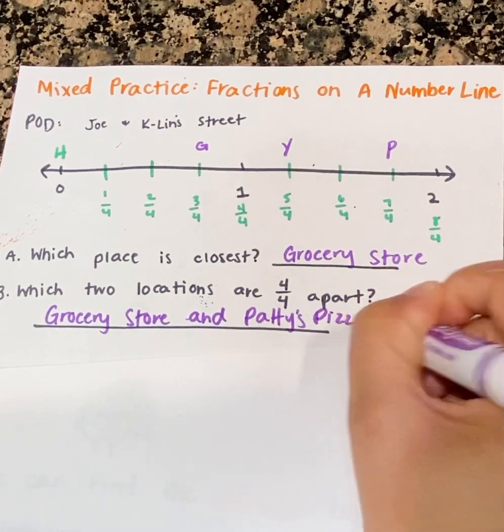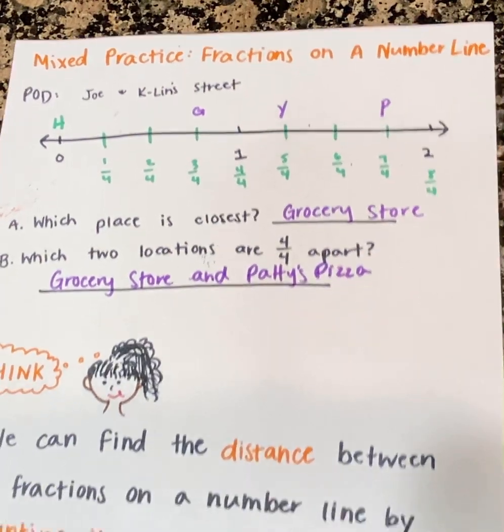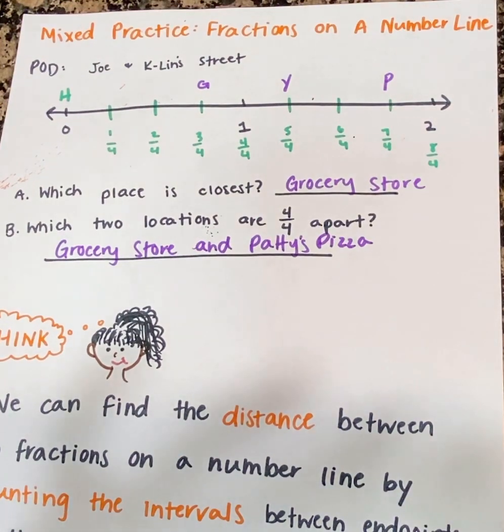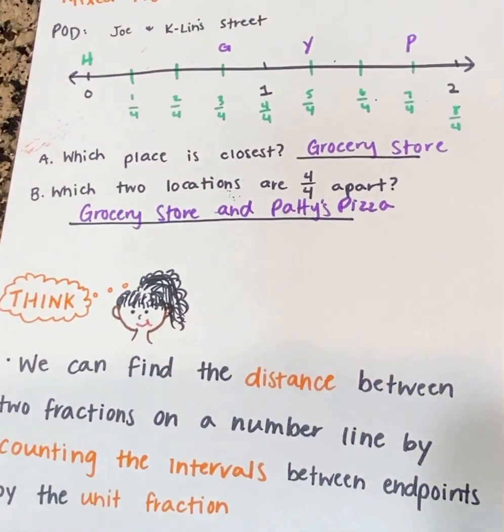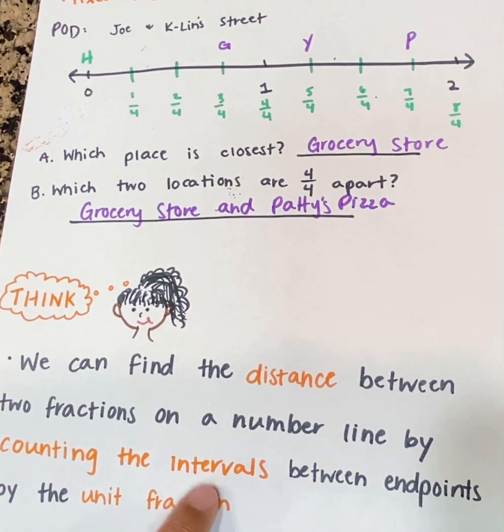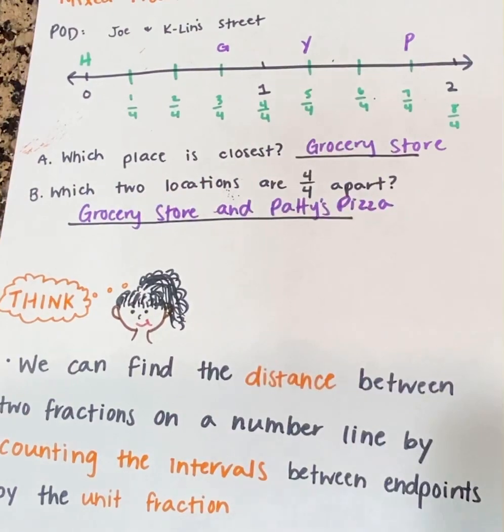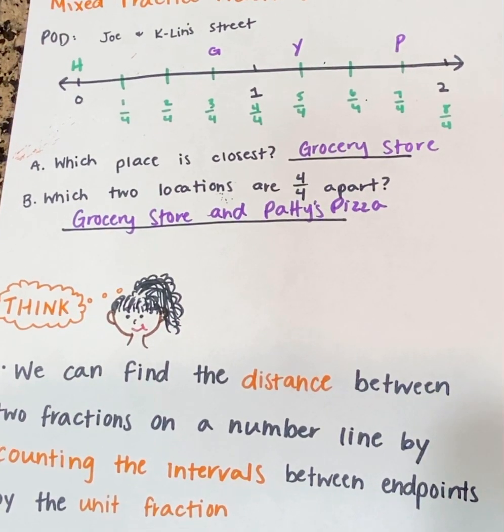Yes, that's right. I heard you say that you know that they're 4/4 apart because we can find the distance between two fractions on a number line by counting the intervals. The intervals are the spaces between 2 points or endpoints by the unit fraction. Nice job.